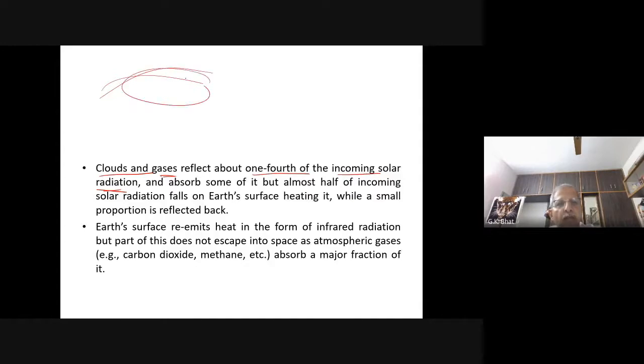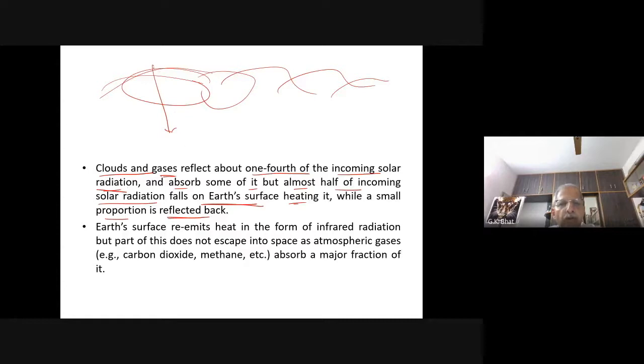Clouds and gases reflect about 1/4 of the incoming solar radiation and absorb some of it, but almost half of the incoming solar radiation falls on the Earth's surface, heating it, while a small proportion is reflected back.